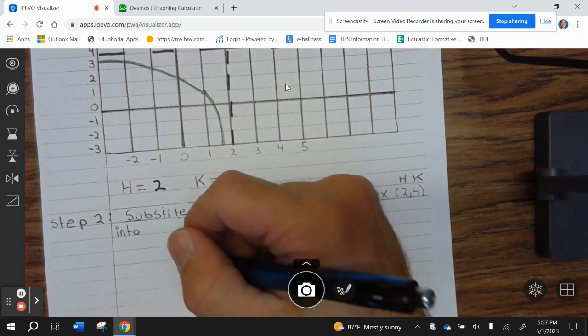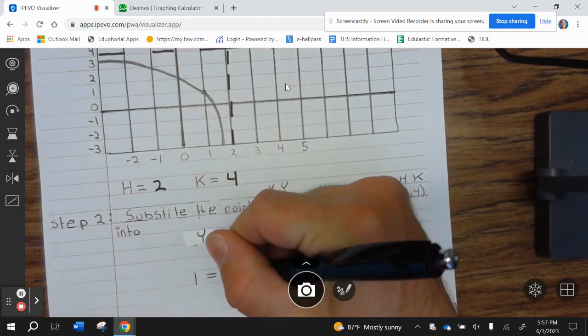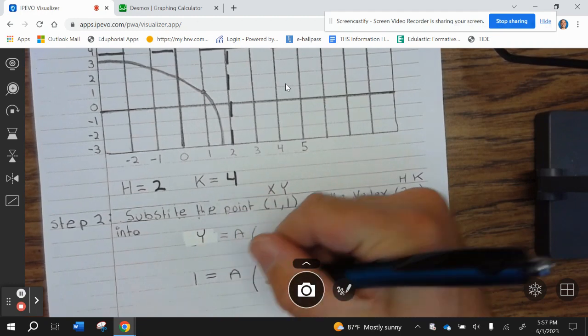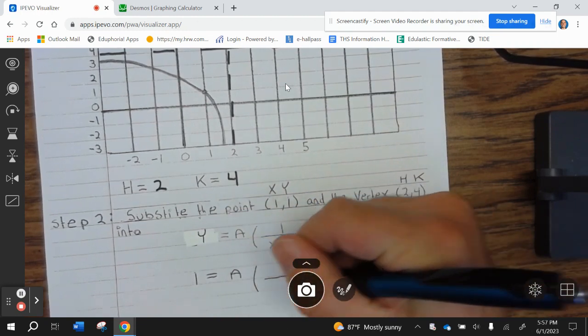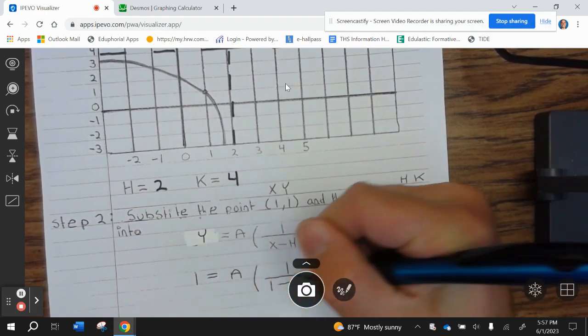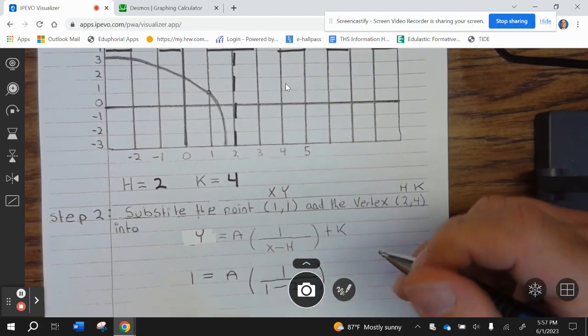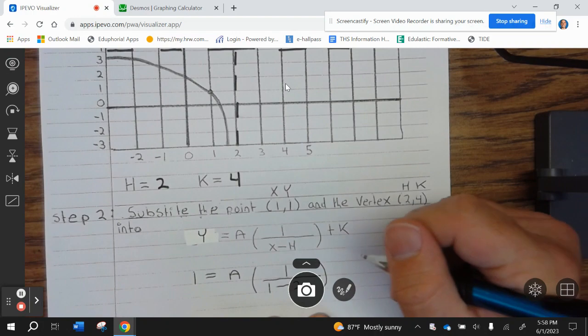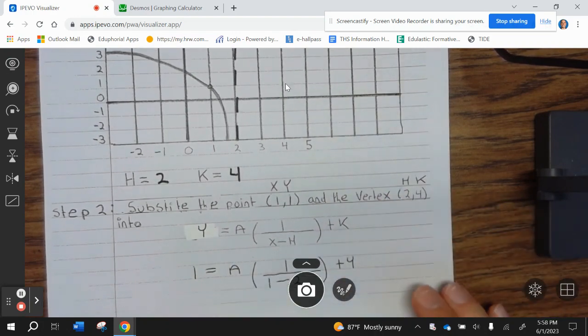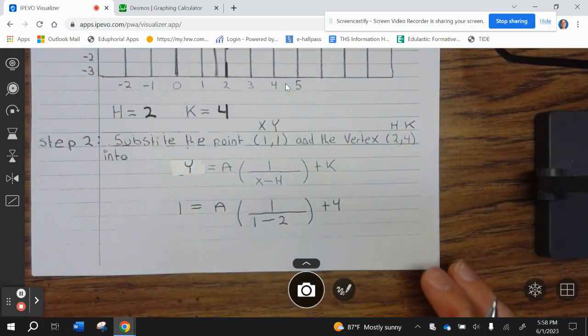Okay, so y is 1, so 1 equals a parentheses 1 divided by x, which is 1, minus h, which is 2, plus k, which is 4.